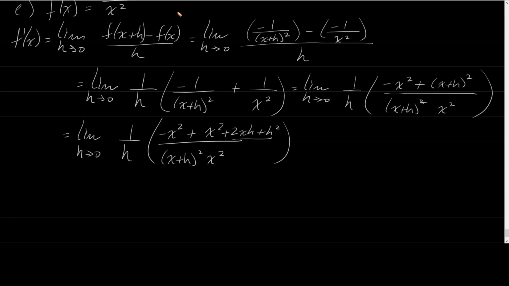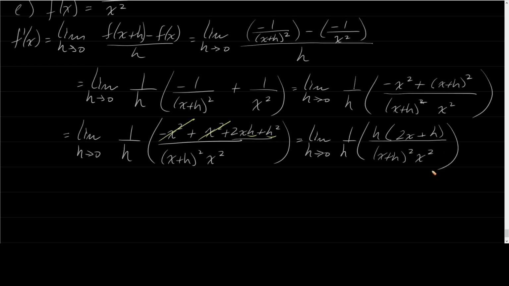At that point, we see that some stuff cancels out: -x squared with a positive x squared. And the stuff that's still in the numerator, everything there has an h. So because everything that's left in the numerator has an h, we can factor out an h. So I'm left with the limit as h goes to 0 of 1 over h times, well, what are we left with? 2x plus h, all of this over (x plus h) squared times x squared.